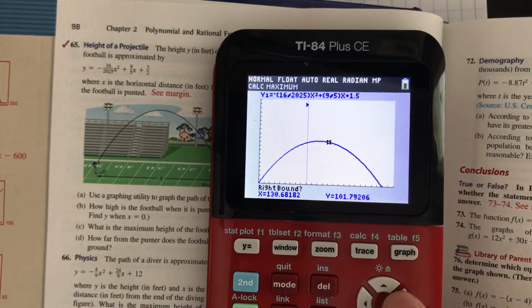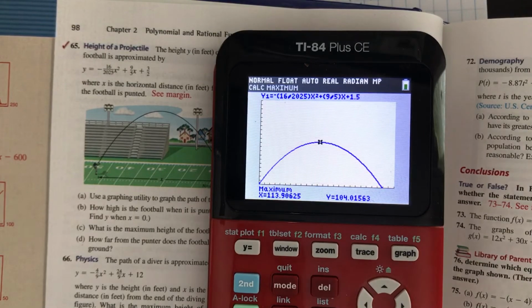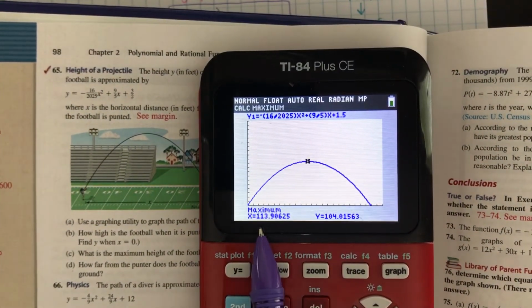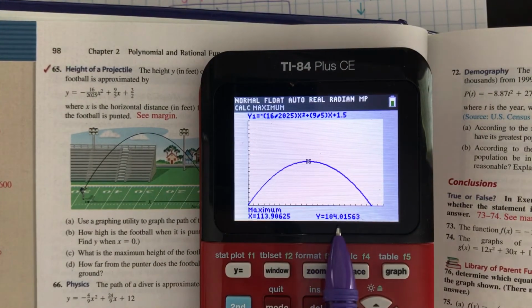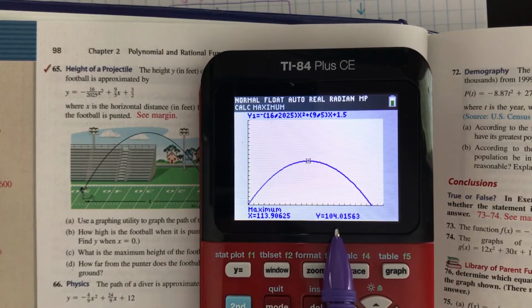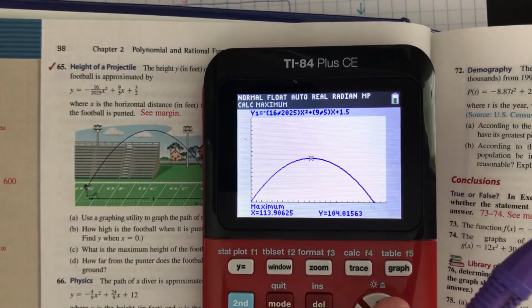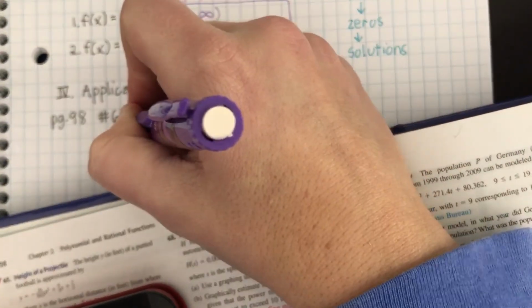Right bound here, probably went too far. Guess. So my maximum height, remember x is horizontal distance, my maximum height is about 104.016 feet.